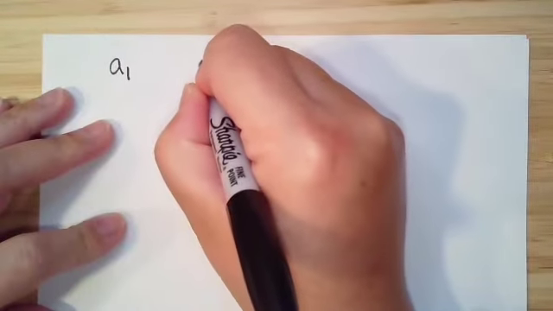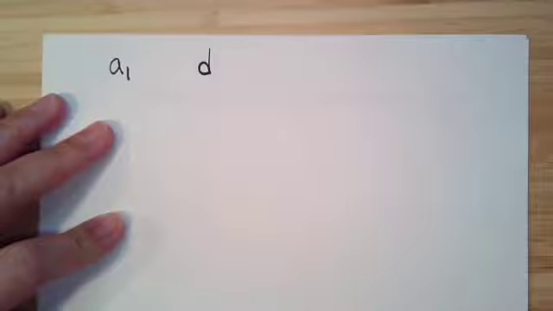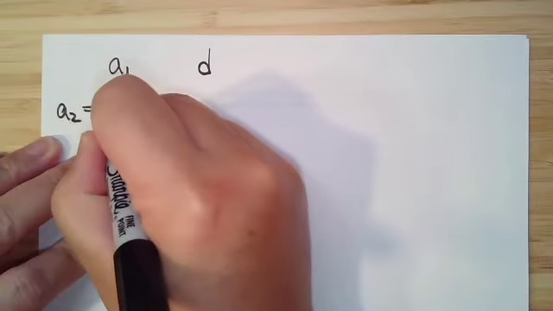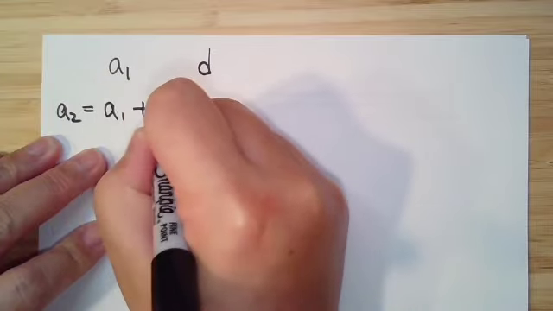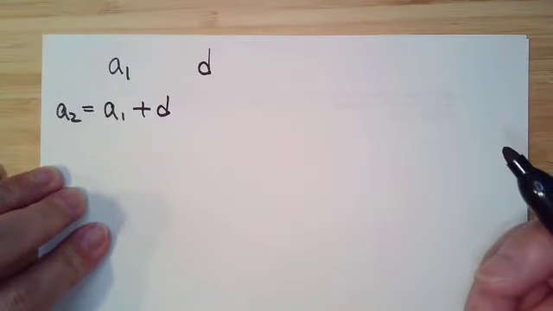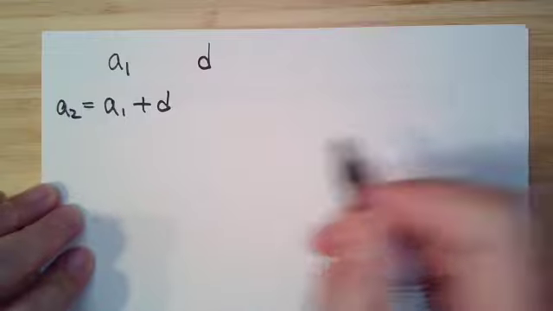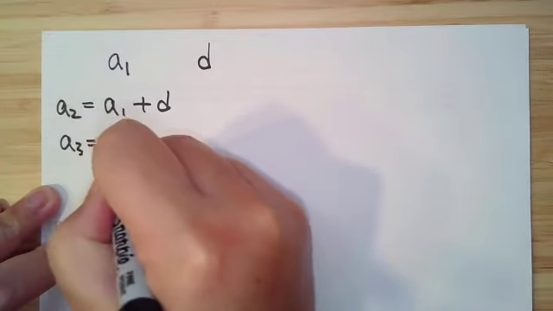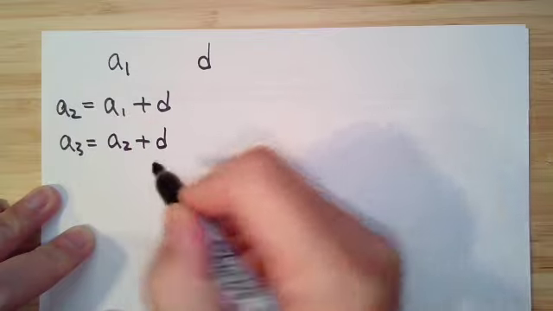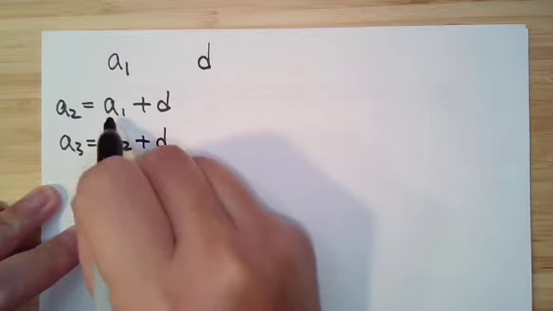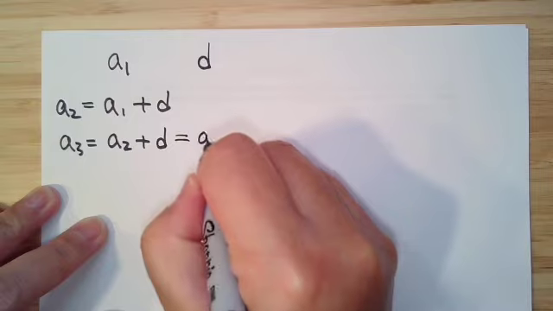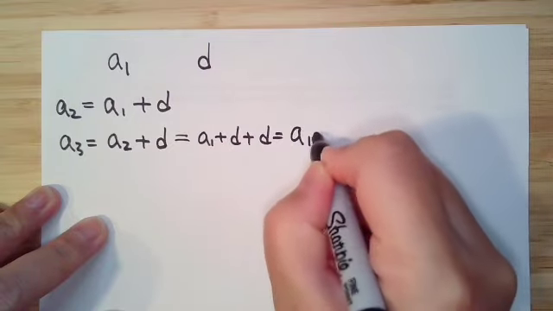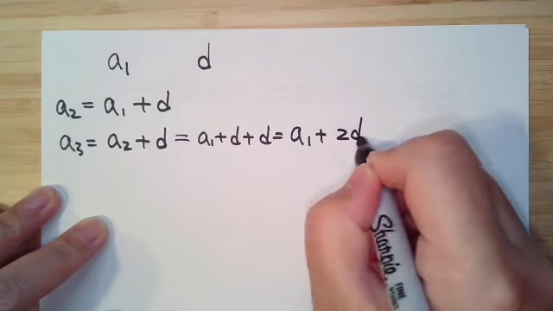If we know A1 and we know the common difference D, can we find A2? Yes, A2 will be A1 plus D. The common difference is D. So for an arithmetic sequence, A2 will be A1 plus D. What about A3? A3 will be A2 plus D. A2 is A1 plus D, so this becomes A1 plus D plus D, and that will be A1 plus 2D.